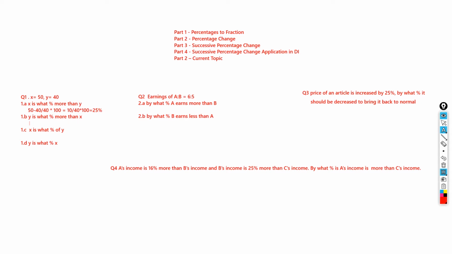Same scenario: we take the difference, which is 10, divided by more than x, so x is 50. 10 divided by 50 into 100 is 20%. 10 by 50 is 1 by 5, 1 by 5 into 100 is 20. So y is 20% more than x.